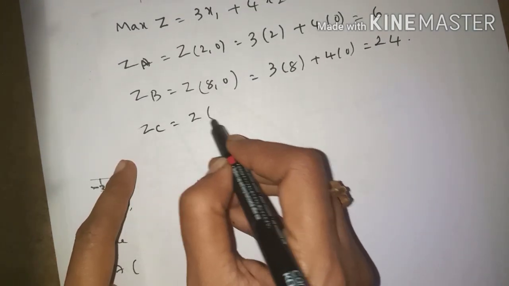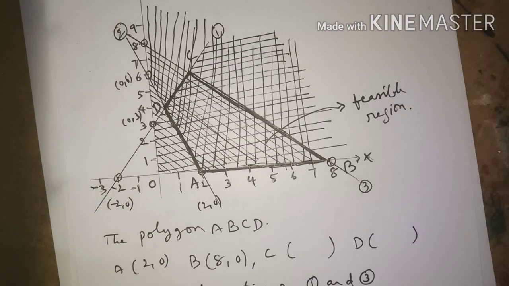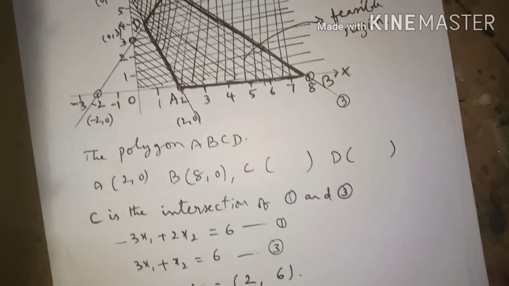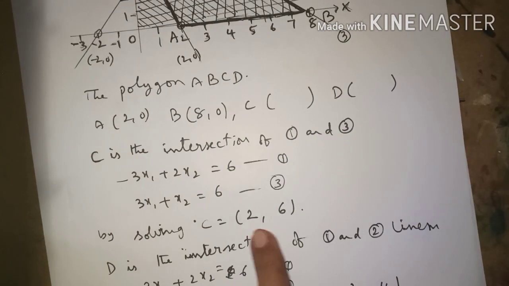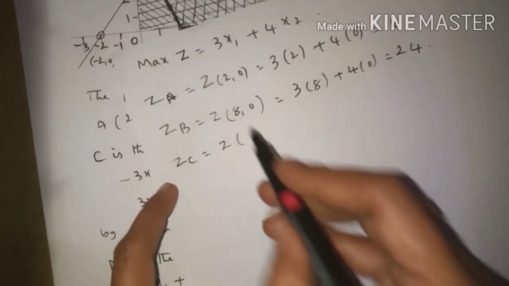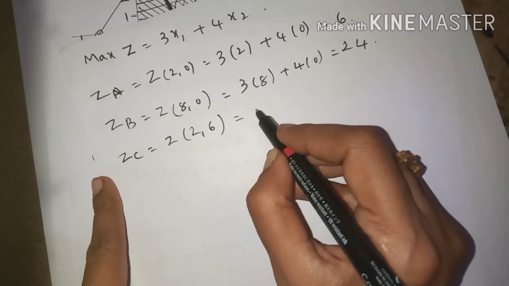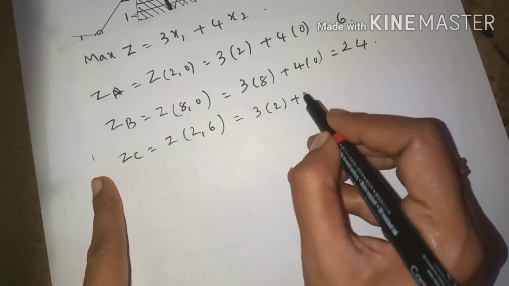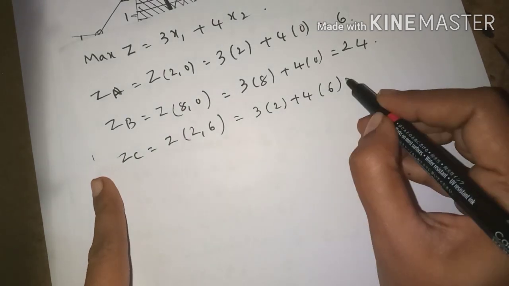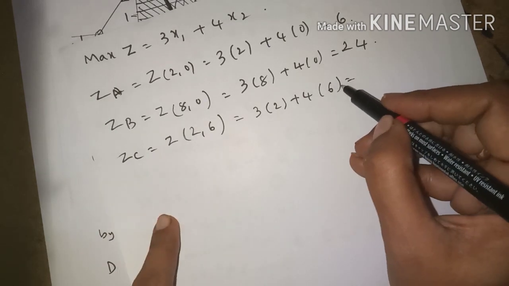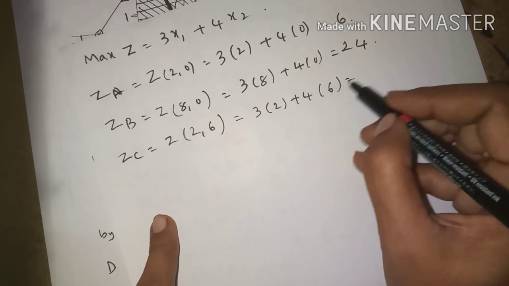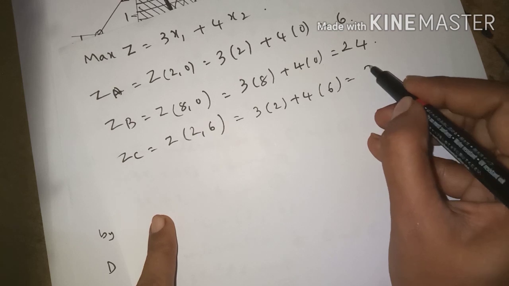ZC. What is our C point? We have got (2, 6). How much will we get? 3 twos are 6, 4 sixes are 24, 24 plus 6 is 30.